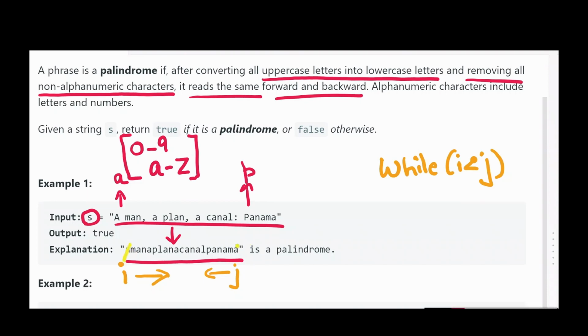That is the first and the last, second and the second last, and so on. And if we find any character mismatching with the expected character, we will return a false. But if we complete the loop and reach to the middle of the string, that means that all the characters are same left and right, and therefore we return true as our output.